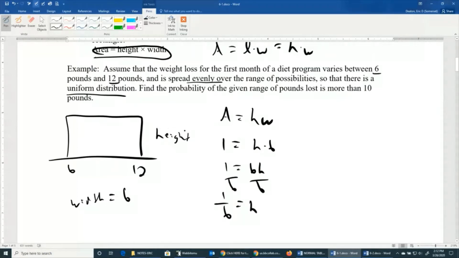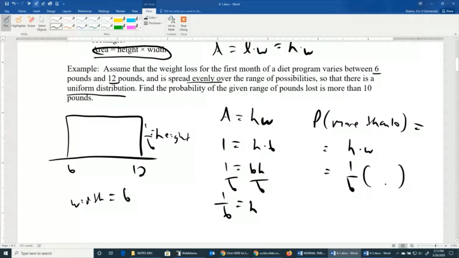Now that's actually a really big deal, because when we find the probability of more than 10 pounds, we're going to use the height times the width again, h times w. The height is 1/6. Well, what's the width?